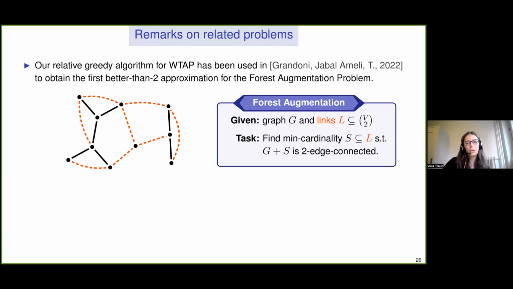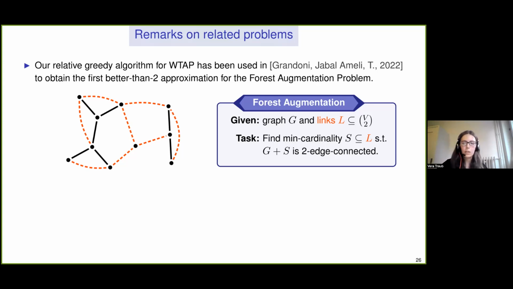Now our goal is essentially to increase the edge connectivity, to augment this graph G into a two-edge connected graph. So we would like to add links to our graph G such that the resulting graph is two-edge connected. And we can start with an arbitrary graph, but one can assume without loss of generality that this graph is a forest, and that's why the problem is called forest augmentation.